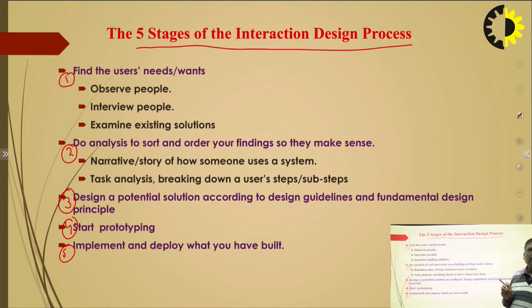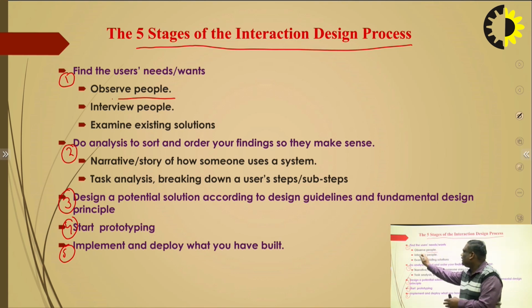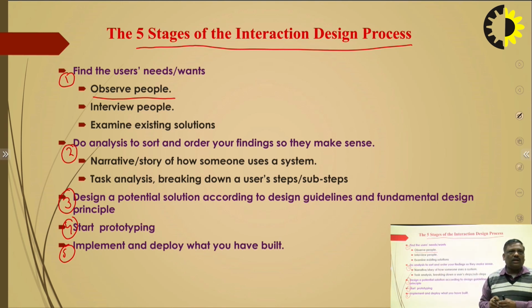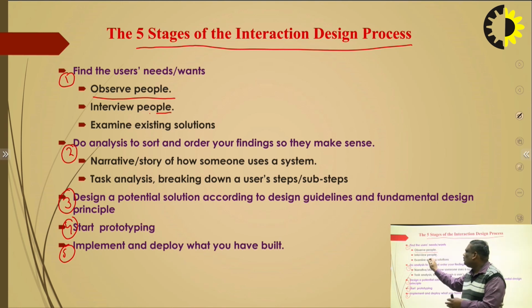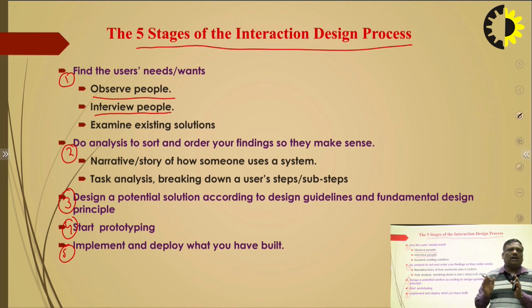Find the user's need. That means a meeting between a product manager and a client. Observe the people, that means observe all the requirements of the client. Interview the people, that means there is a meeting, and during the meeting all the requirements are collected by the designer or the design team.